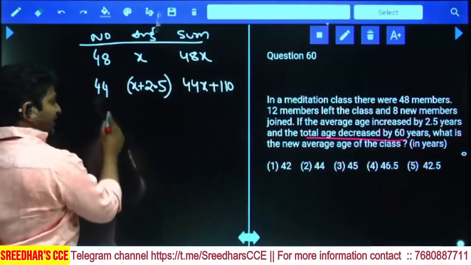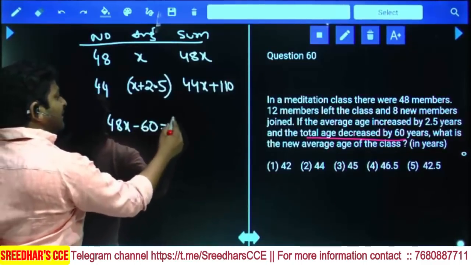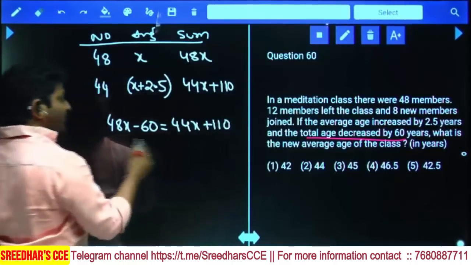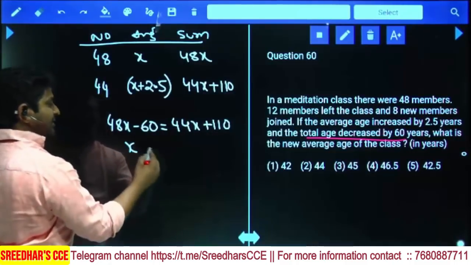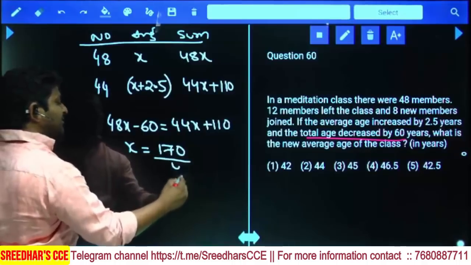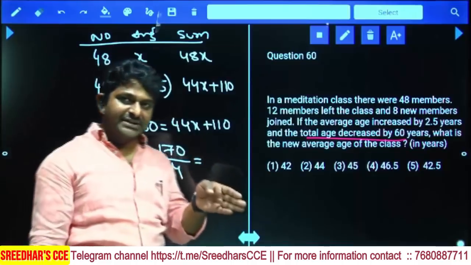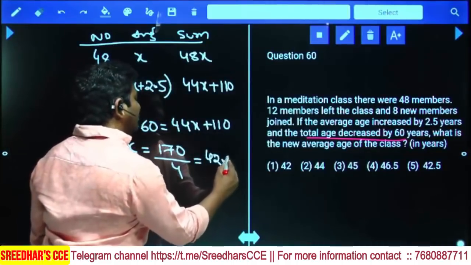Earlier it was 48x. Now if it decreases by 60, that will be equal to 44x plus 110. Now from this, 4x is equal to 60 goes to the other side, becomes 170. 4x is 170, x is equal to 170 by 4, which is half and half. 170 half is 85. Half of 85 is equal to 42.5.